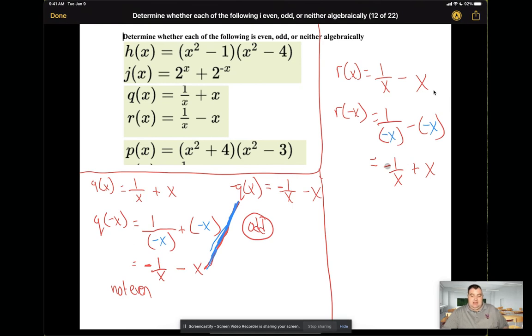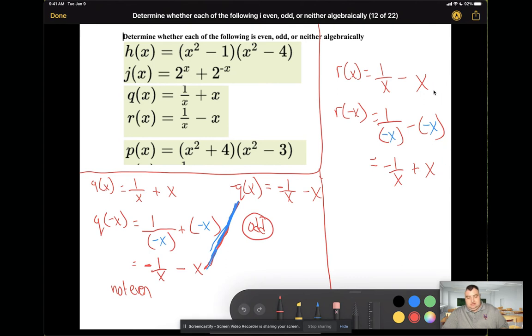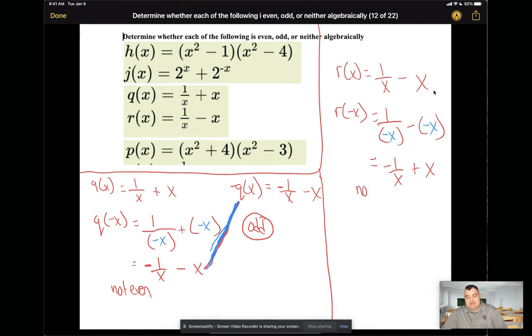So I get negative 1 over x plus x, which if I compare it to the original function, is clearly not the same, so this is not even. Now I'm going to check odd. I have to do negative r of x, which means go back to the original function and change all the signs.